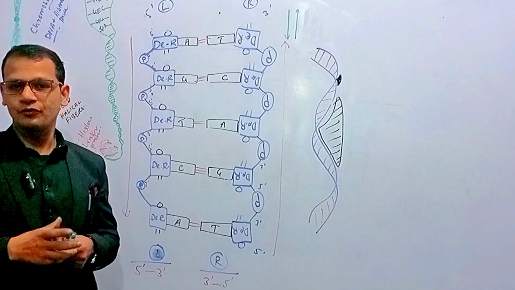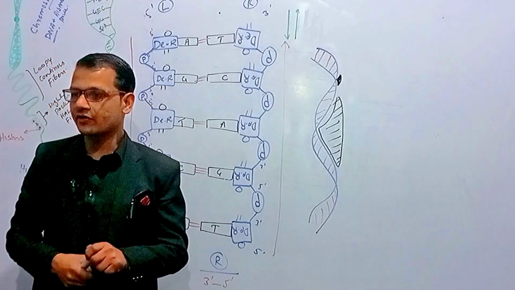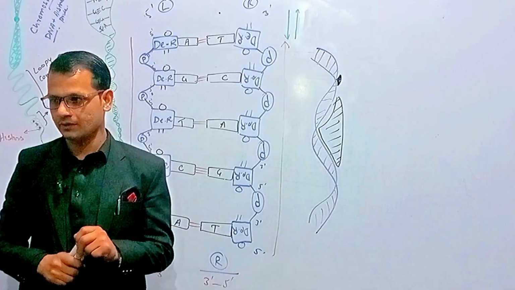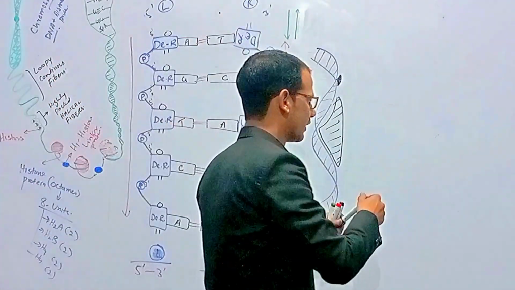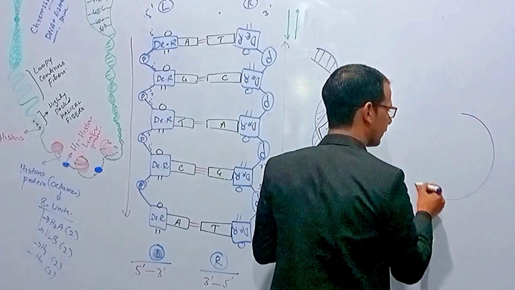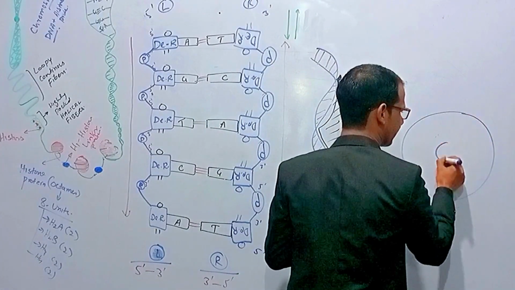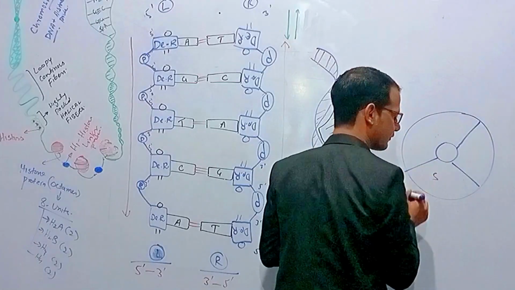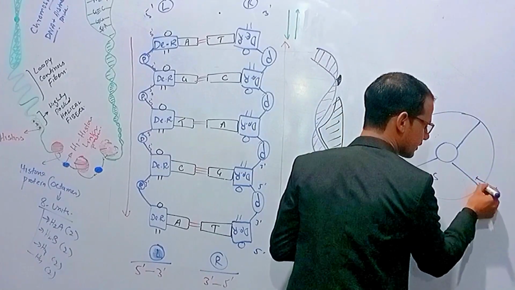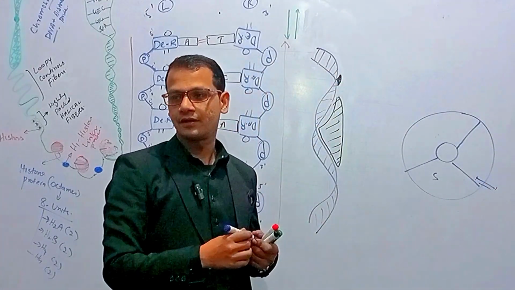right? If we want to treat the cancer, we have to stop this cell from entering into S phase. For example, this is the interphase, this is the G1 phase, and this is S phase. This G1 is a checkpoint, right?